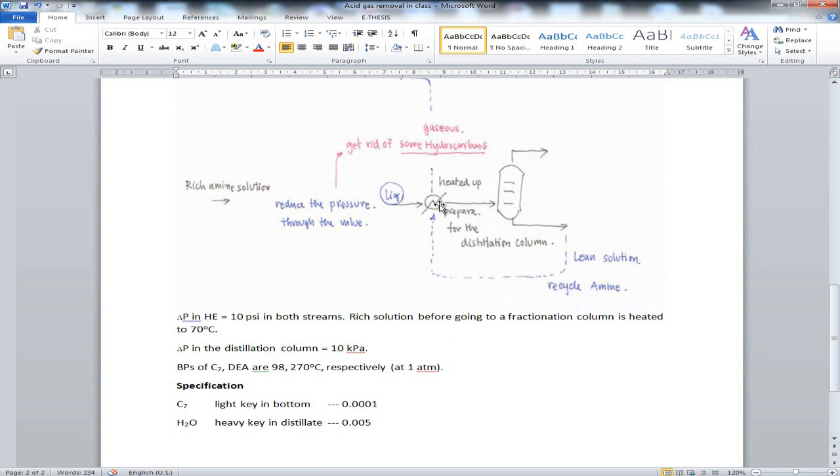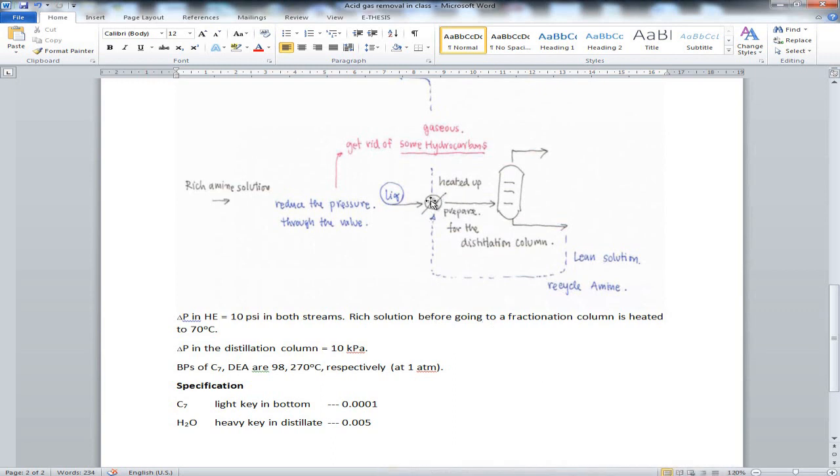So we can put a heater, but for energy conservation, here we will use a heat exchanger instead, using the rich amine solution that is already purified and ready for the recycle to heat up instead.